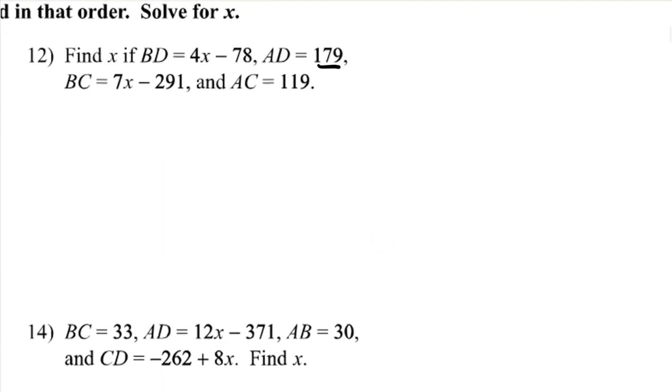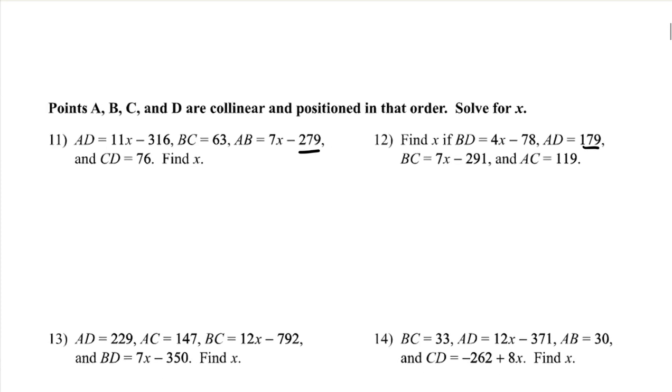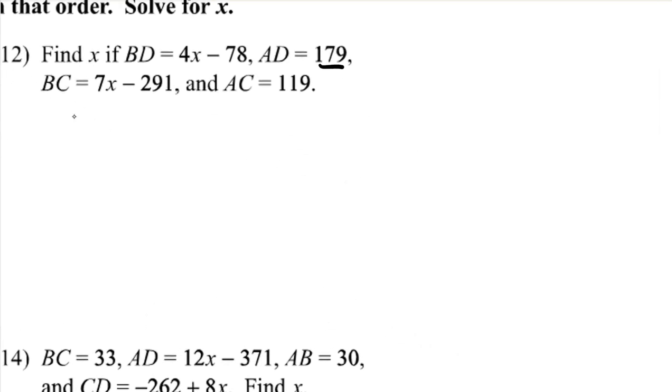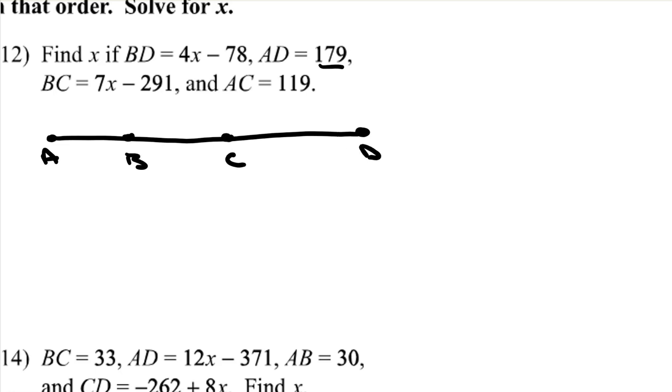Let's go ahead and try number 12 here. We started off with the idea of these things being collinear, so they're all on one line. So we'll go ahead and start off our general diagram here. A, B, C, all the way down to D. So there's A, there's B, there's C, and there's D. We're told that BD is equal to 4x minus 78.